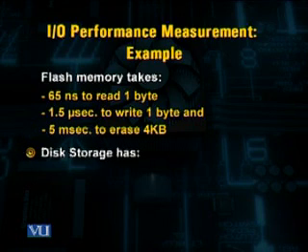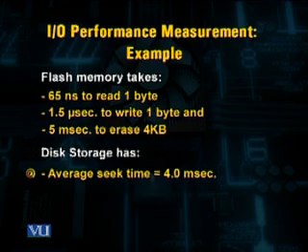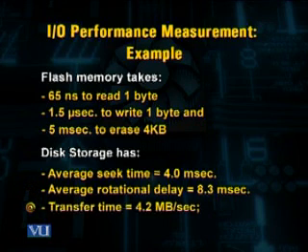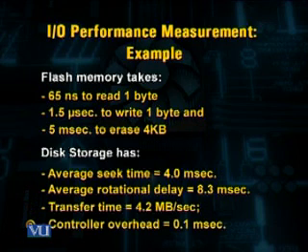Whereas the disk storage has an average seek time equal to 4 milliseconds, an average rotational delay equal to 8.3 milliseconds, a transfer rate equal to 4.2 megabytes per second, and a control overhead equal to 0.1 millisecond.